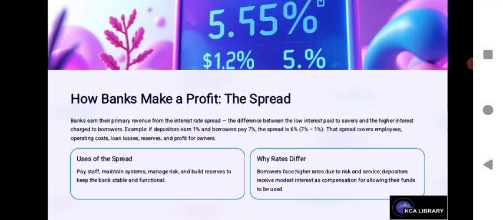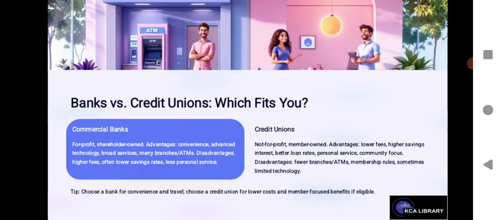That is why they can give you, as a depositor, small interest because you just save your money there. You supply them funds. But when borrowers come to loan from the bank, they charge them higher interest. So that is how they make their profit.